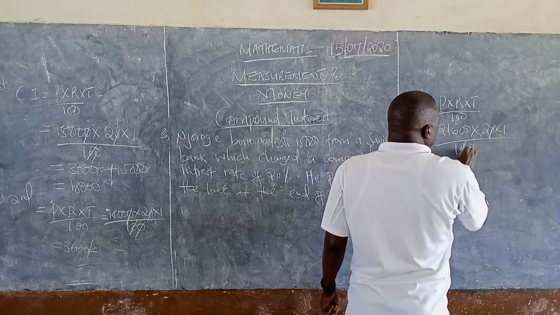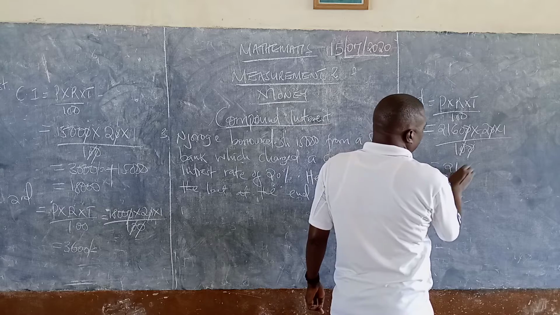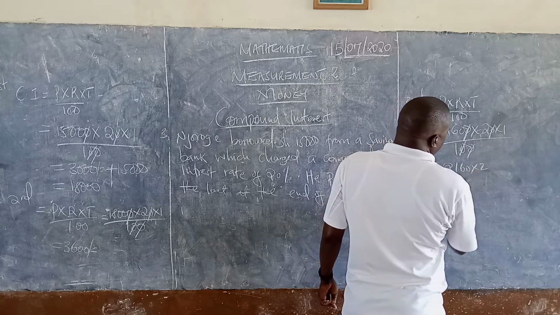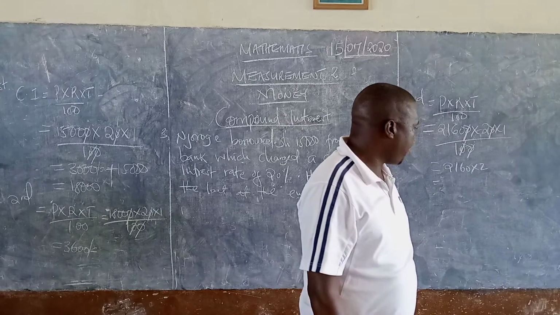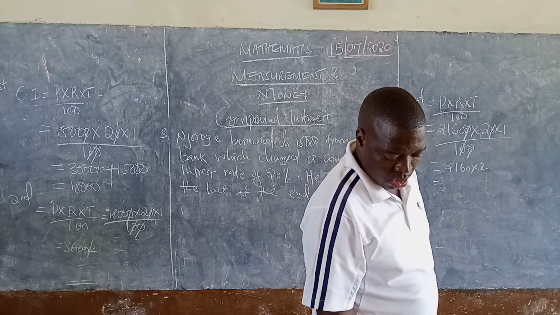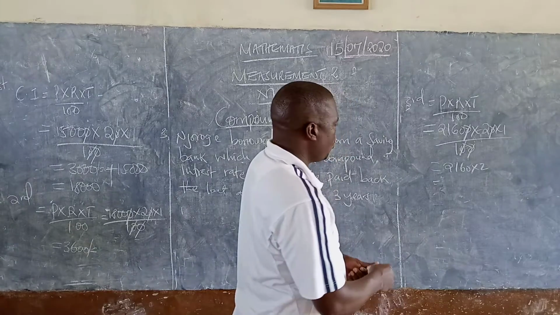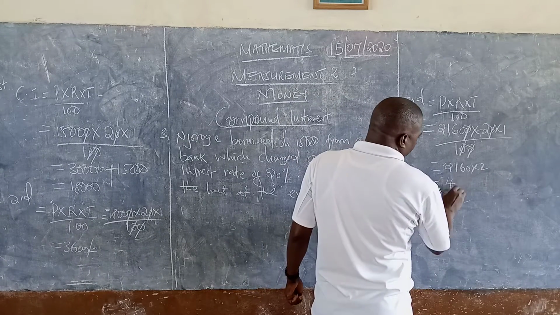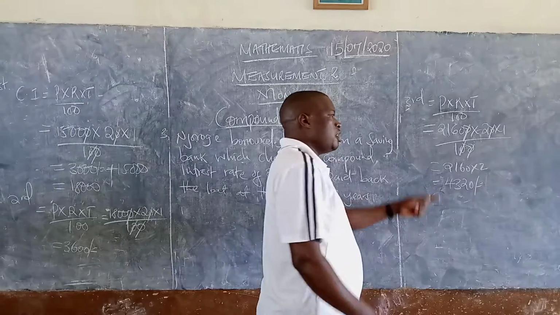Cancelling the zeros, we have 216 times 20, which is 4,320. So this is the interest for the third year.